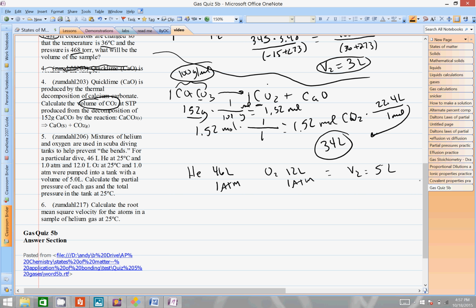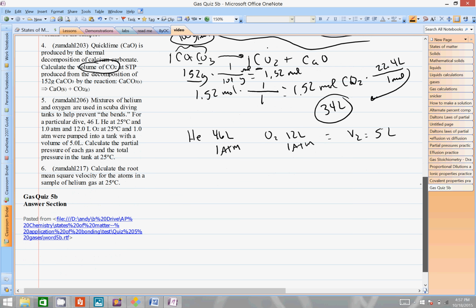There's 2 ways you can solve this problem. I'm going to use combined gas law and show how to use that one. So combined gas law is P1V1 over T1 equals P2V2 over T2. Now again, our temperature will not change, so the temperature will stay at 298 on both sides. P1 is 1, the volume is 46, equals P2, which I don't know, and the V2 is 5 liters.